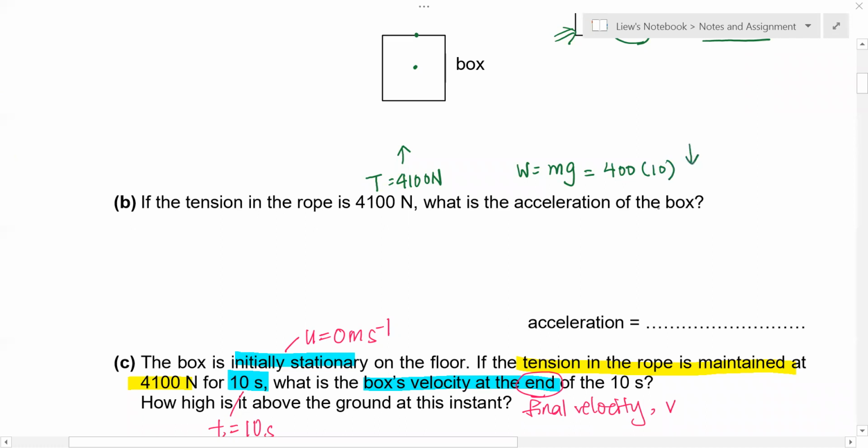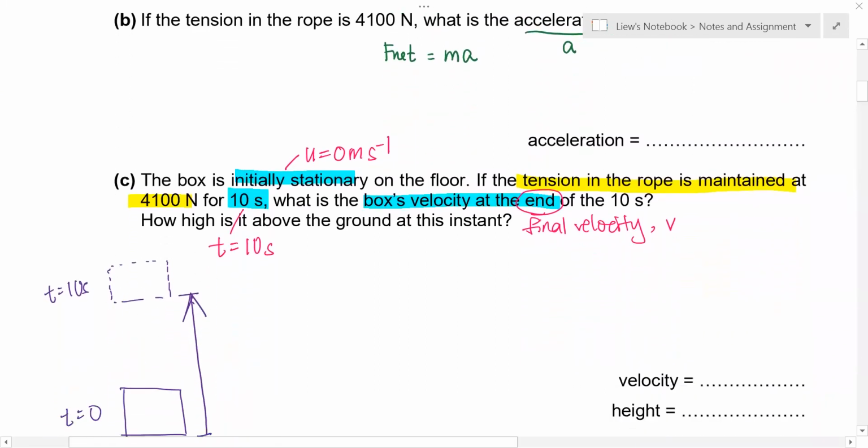So you have two forces acting on this box, one up, one down. Think about how you would find F net in this case, where two forces are pointing in opposite directions. And the acceleration, which is a, can then be determined by F net equals ma.